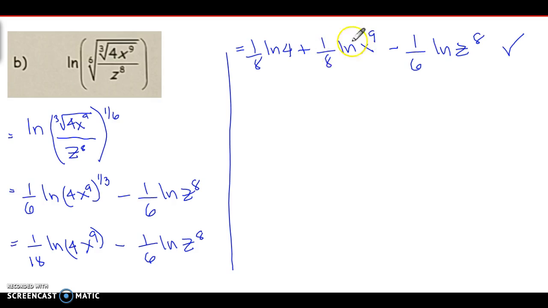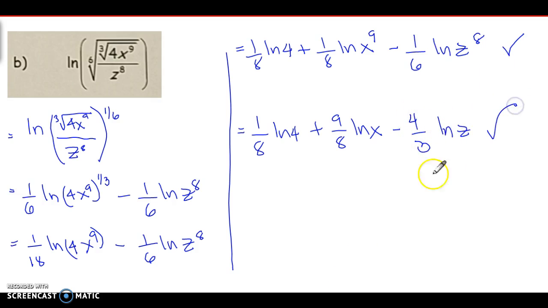Put this 9 in, multiply this 9 with this because that's an exponent. So you can keep it that way, or another version would be 1/8 ln 4 plus 9/8 ln x minus, 8 times 1/6 is 4/3, 4/3 ln z. That or that, again, it depends on how simplified your teacher wants it to be.